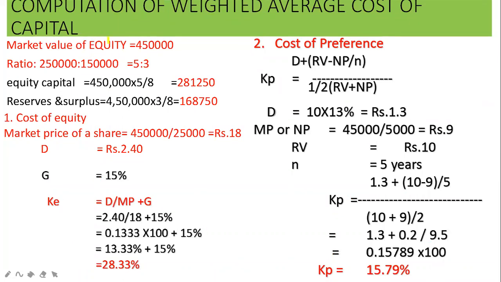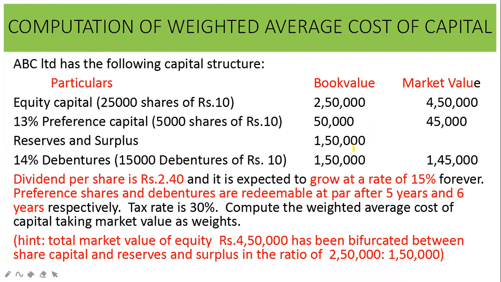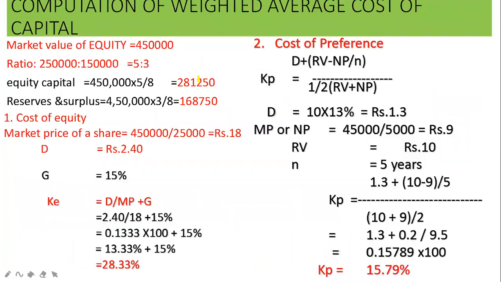Let us see how it has been bifurcated. Total market value of the equity is 4,50,000. What is the ratio? 2,50,000 is to 1,50,000, which is nothing but the book value. So it can be simplified as 5 is to 3. Now calculate the market value of the equity capital. In 4,50,000, the portion of equity capital is 5 by 8.